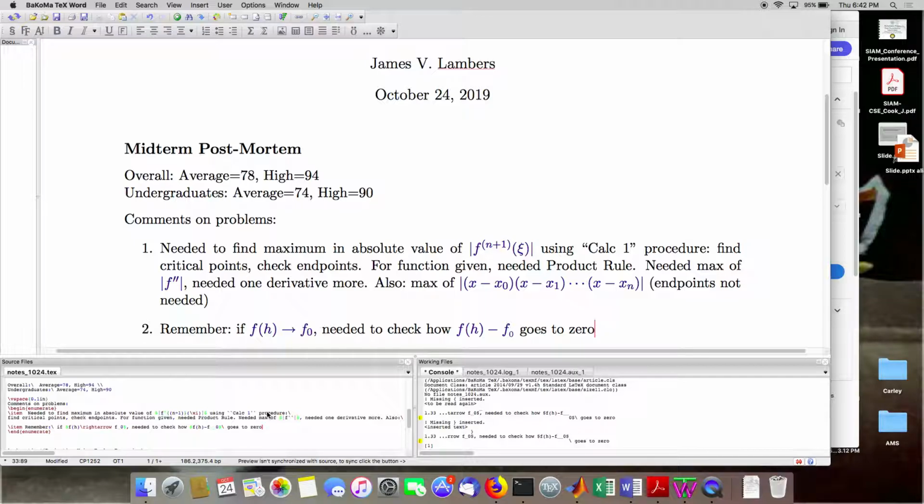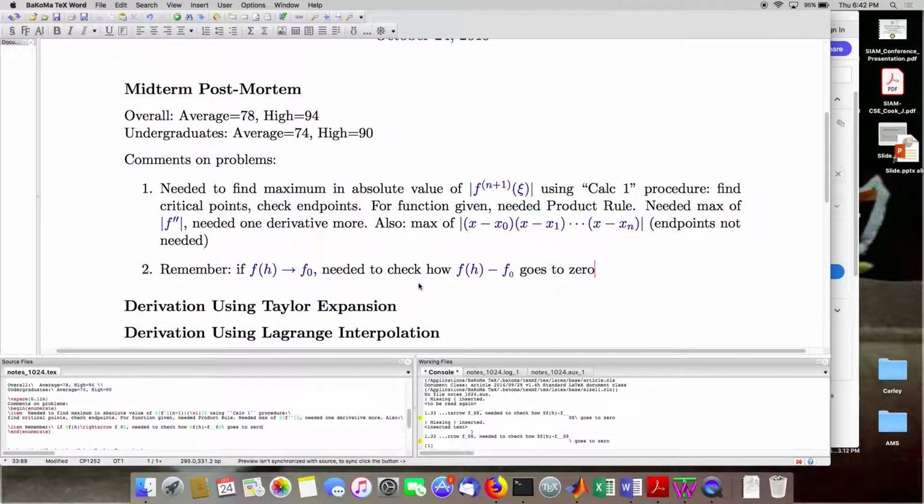What some people did was correctly substitute the Taylor expansion that was needed, but forgot to take the limit itself into account. You have to subtract that off, and then see how things go to 0. A number of people got this problem right, so that's good. But again, there were some slip-ups in the process.